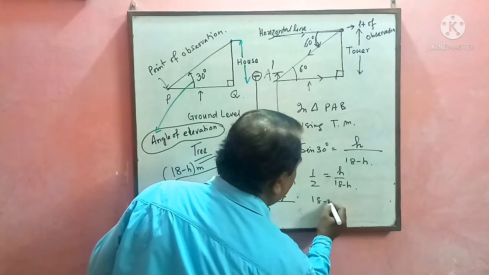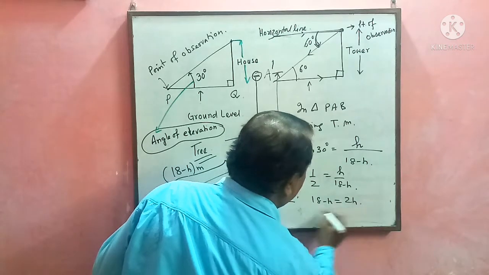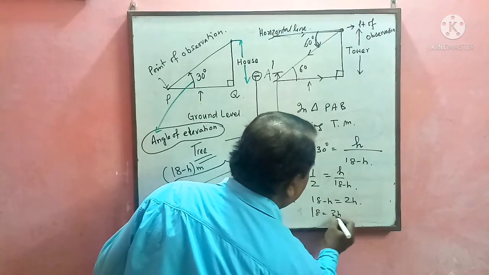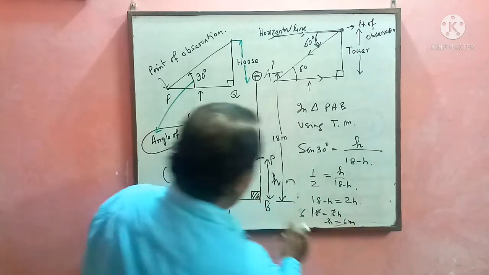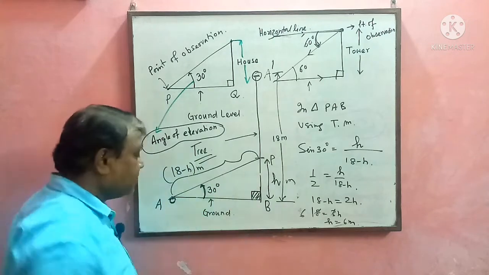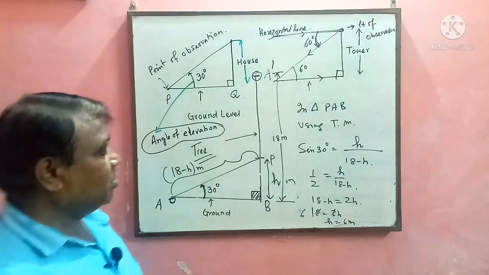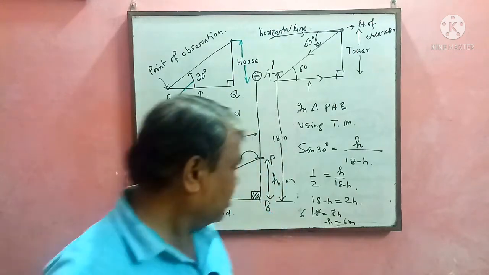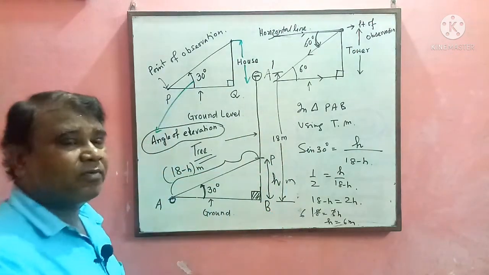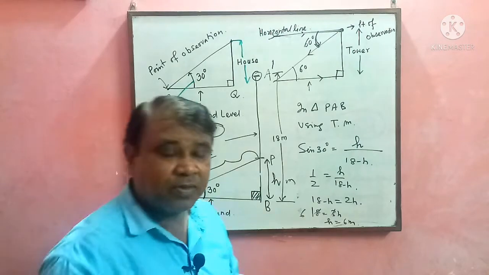This is 18 minus h, 2h. So 18 is equal to 3h, and this is 6. So h is equal to 6 meter. That means at 6 meter height, the tree broken, right? So this way we can solve many problems.